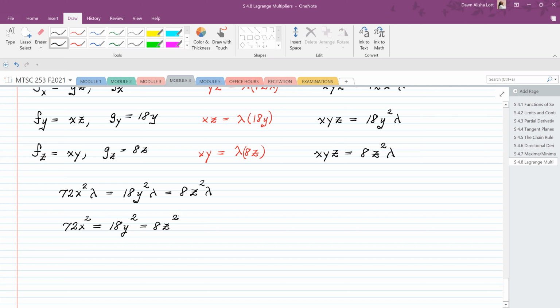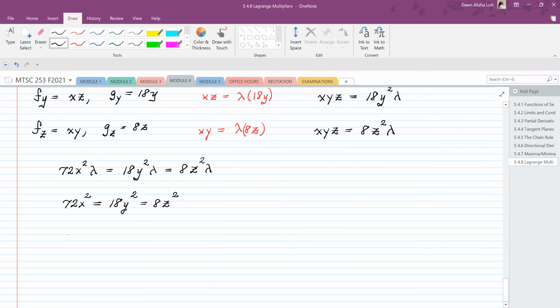Now, it doesn't matter which one I want to solve for, but I'm going to pick one and solve for the other two. Okay, so let's suppose I start with 72x squared is equal to 18y squared.